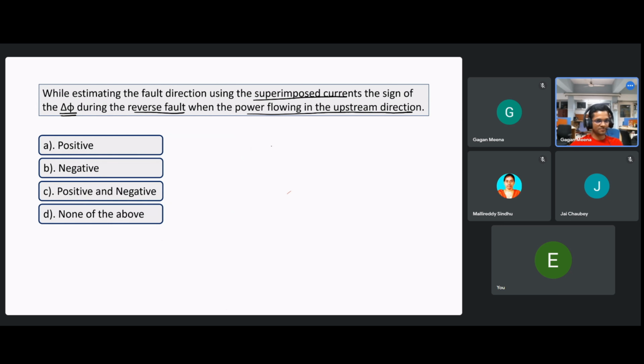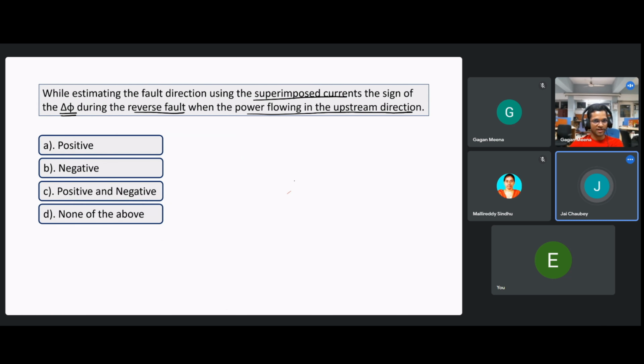Can you tell? Should be negative. Negative. Yes. It's a reverse fault and power is flowing upstream.